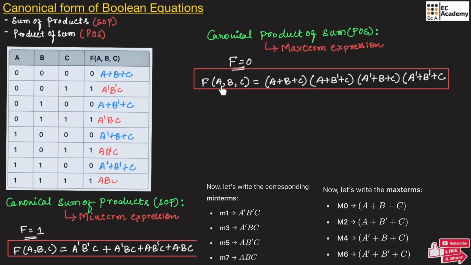So this is the expression for canonical product of sum. You can see we are taking the product of sum of the input variables. That's why it is known as product of sum.